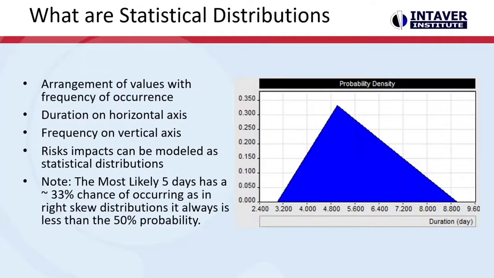So what are statistical distributions? Well, this is a little picture. You can see, if you've got a copy of our software, I've just pulled this directly. This is a statistical distribution for a task that has a most likely estimate of 5 days, a low of 3 and a high of 8. And we can see how that's been defined in here.